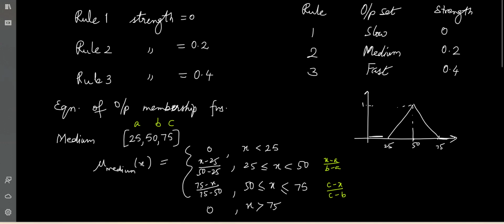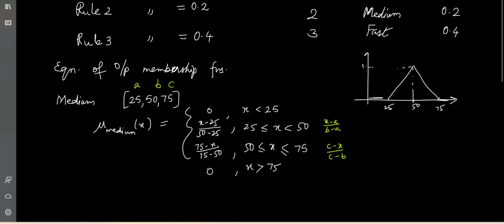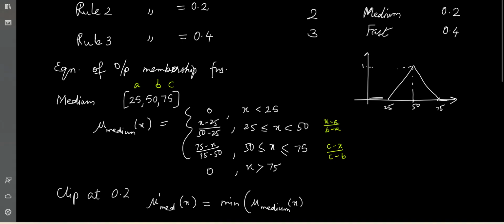Now when we are clipping at 0.2 for the medium category, what does that imply? So clip at 0.2 means the modified membership, which I'll write as mu dash of medium x, is nothing but the minimum value of the original mu medium of x and 0.2, because the upper limit is 0.2.